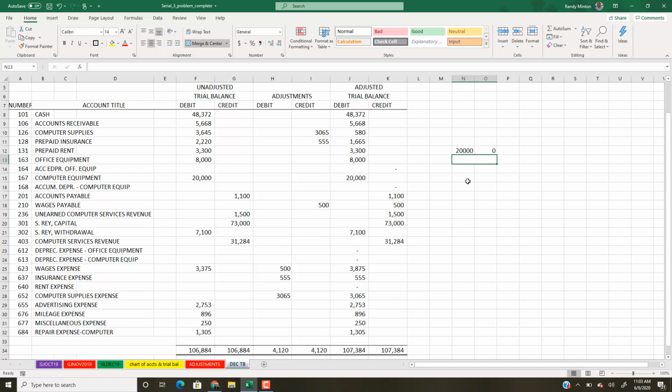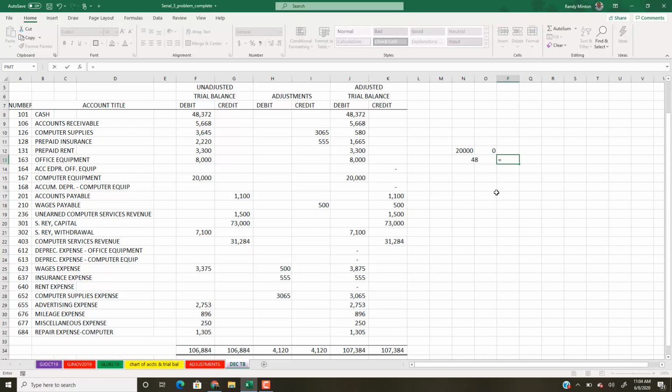And so 4 years, 4 times 12 months is 48 months. And the reason I'm doing that is because I have to calculate only for 3 months. So now if I look at this calculation, I have 20,000 divided by 48 times 3 months, because October, November, December, that's all I'm allowed to depreciate this year.